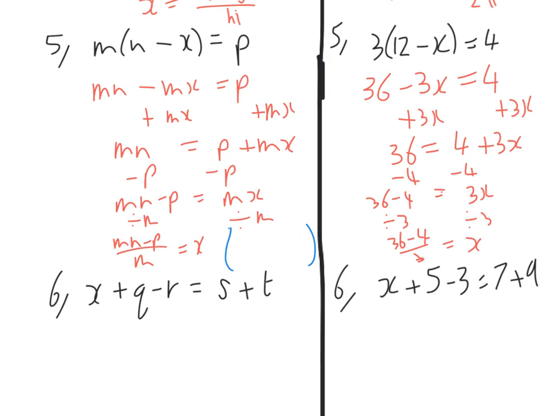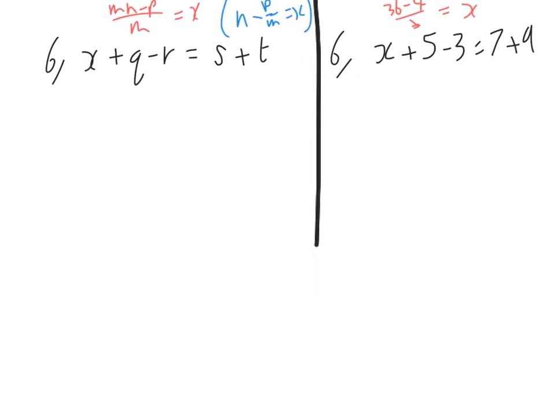So if you divide the first term by m, mn divided by m is n. And minus p over m, you can't really do anything with that, so it's minus p over m. And that equals x. So just be aware in the answers, especially with the fraction questions, you might get something that looks different, but actually if you divide through, it is the same thing.